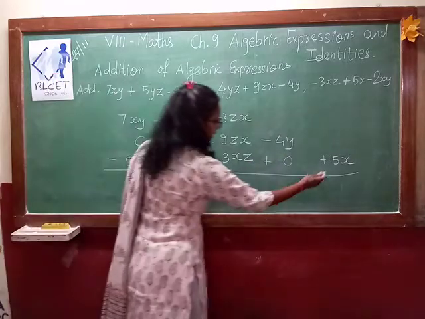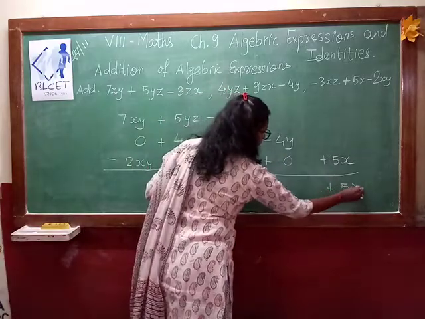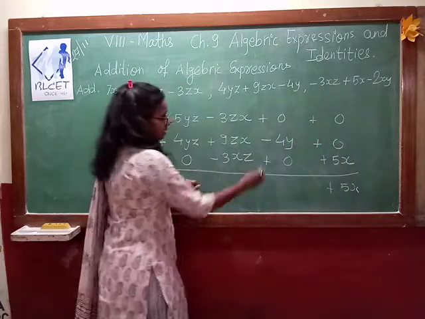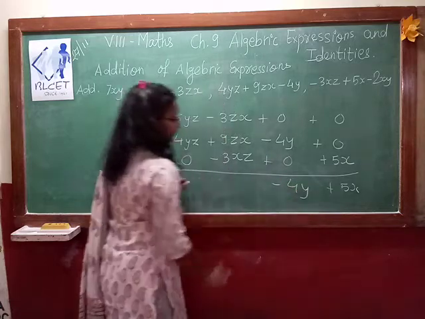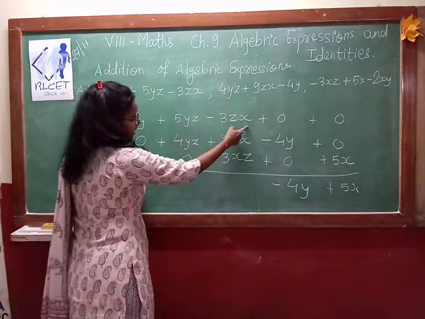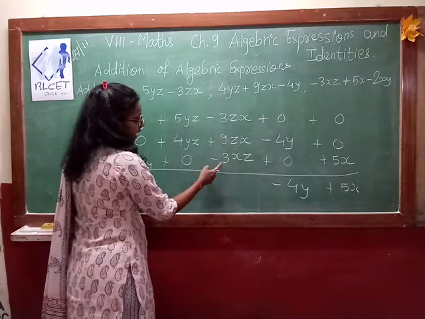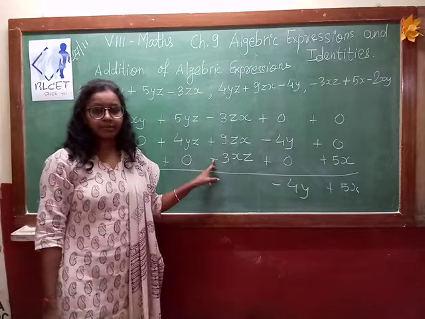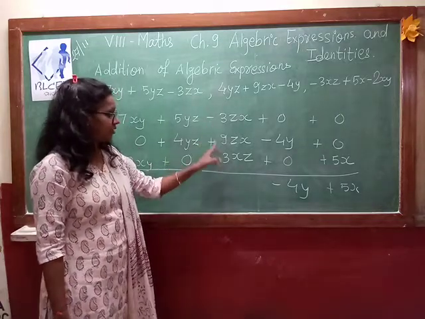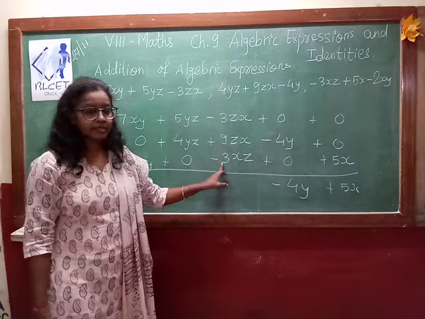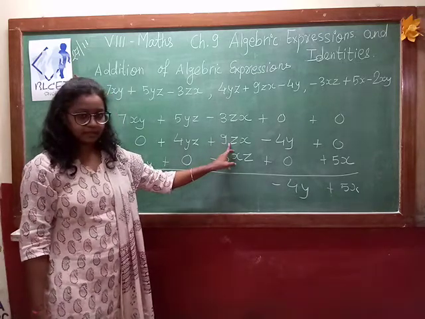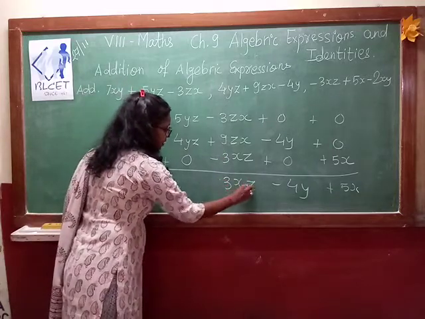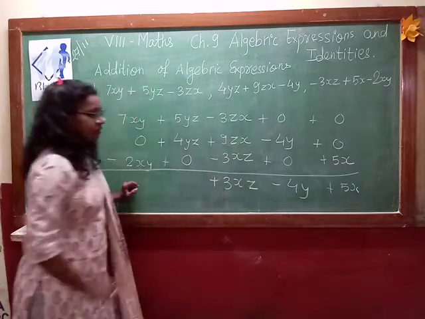Okay. Now to start the addition. 5x as it is, as here nothing, here also nothing. Minus 4y as it is. Now minus 3zx plus 9zx, minus 3xz or zx. Here you have to do addition as both the signs are the same. So minus 3 gives you minus 6, and minus 6 plus 9, different signs, 9 minus 6 is 3xz. 9 is bigger, so plus 3xz.